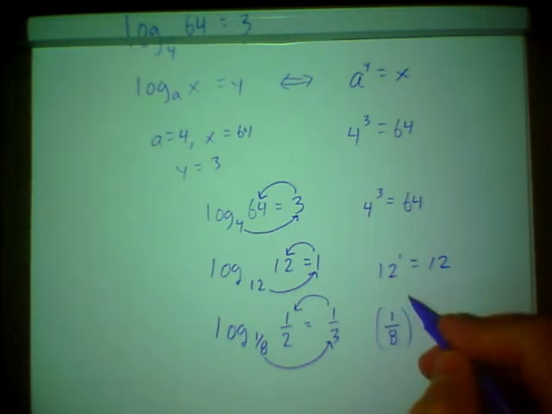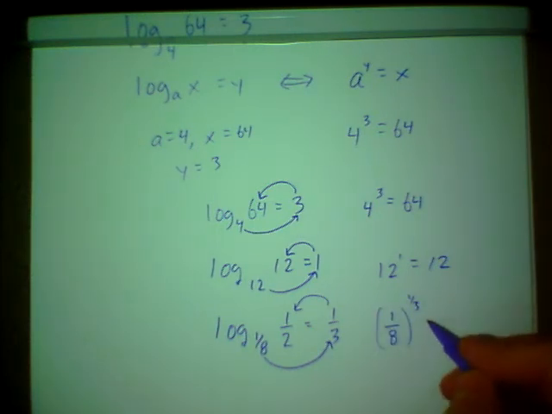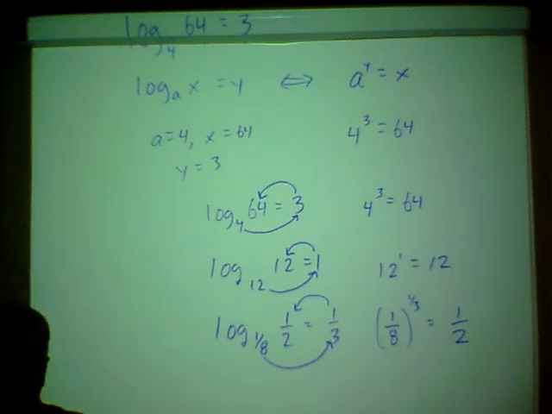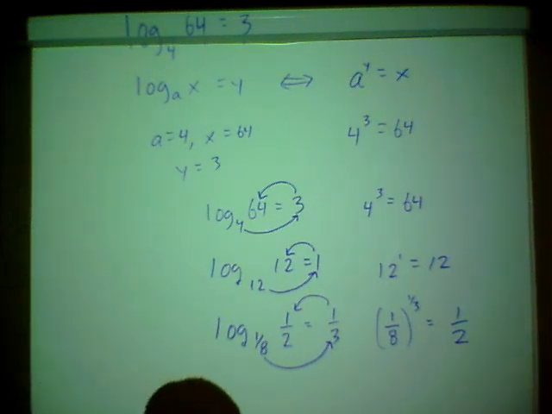So 1/8 raised to the 1/3 power equals 1/2. Okay, so hopefully you see, with a little practice, it's not really too difficult to be able to convert back and forth between an exponential equation and a logarithmic equation.